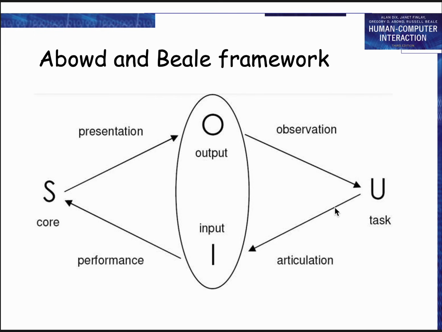In order to manipulate the machine or system, the task must be articulated between or within the input language, so what our computer can understand. The input language is then translated into the core language in the form of operations performed by the system. So coming from the user, interpreted by an interface, and then performed by the system.